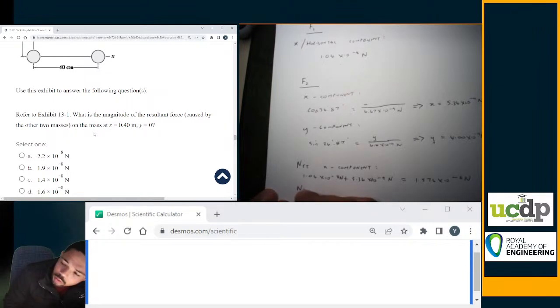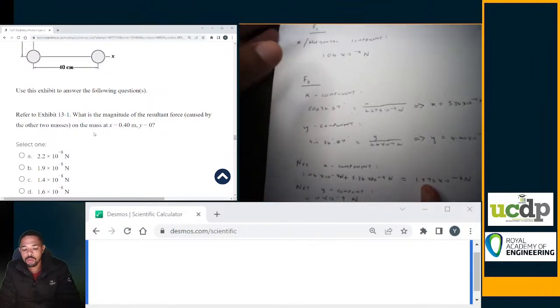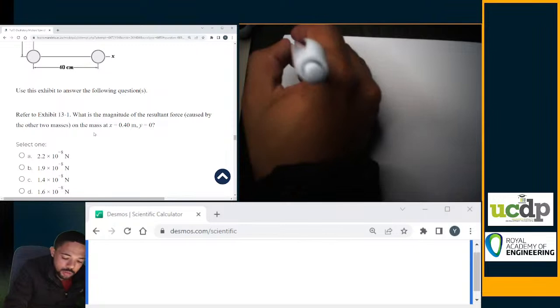Now the net y component is equal to just the y component, which is 4.0 times 10 to the negative 9 newtons. So now we have an x component and a y component, and we can work out the net force using Pythagoras.